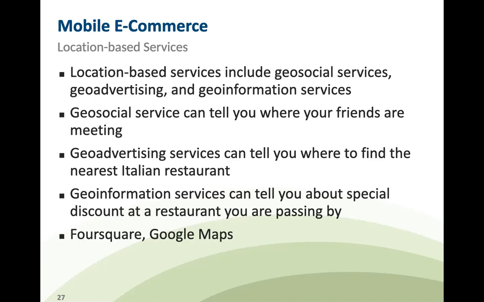Then geo advertising services can tell you where to find the nearest Italian restaurant, for example. Geo information services can tell you about a special discount at a restaurant you are passing by. Some examples are Foursquare and Google Maps, so they are using location.